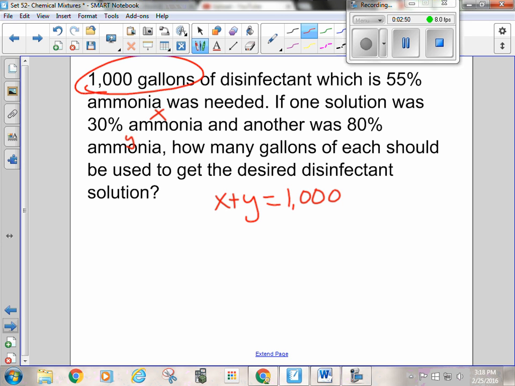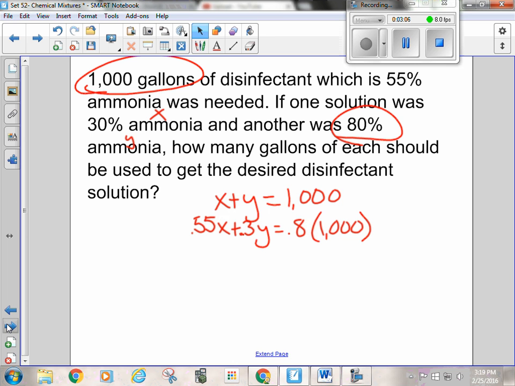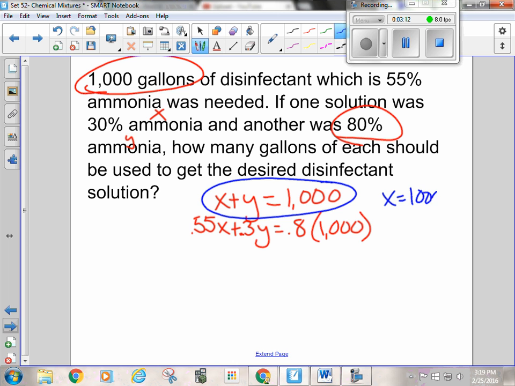So X went with the 0.55, and my 30 went with the Y. And my total, I need 80%. So 0.8 times 1,000. Go ahead and solve your top equation for either X or Y. Let's solve for X this time. So X equals 1,000 minus Y. All right, so now I'm going to replace that in.